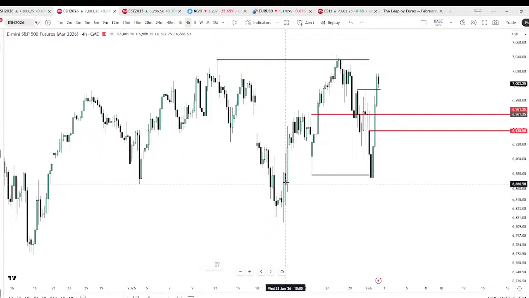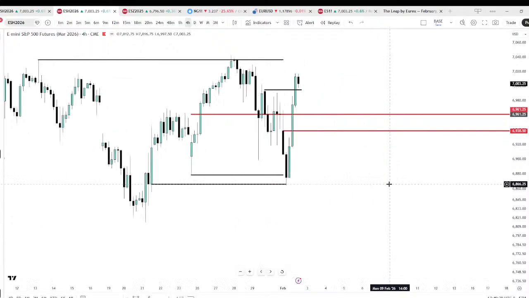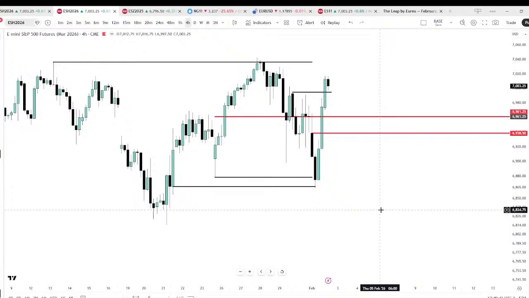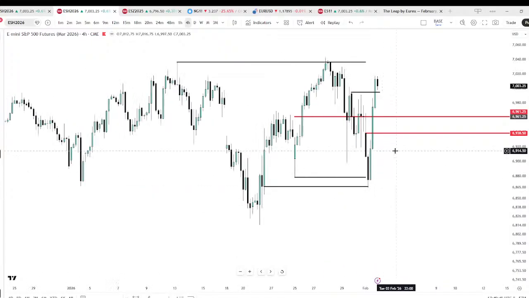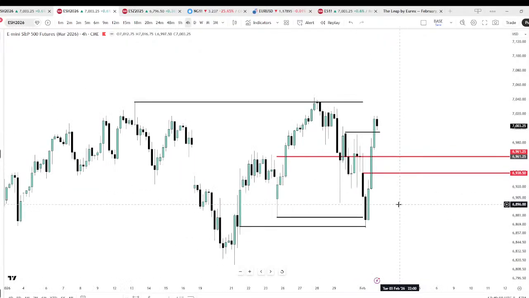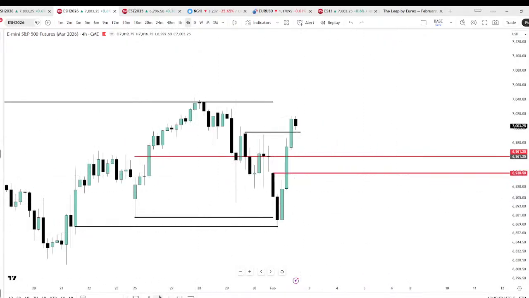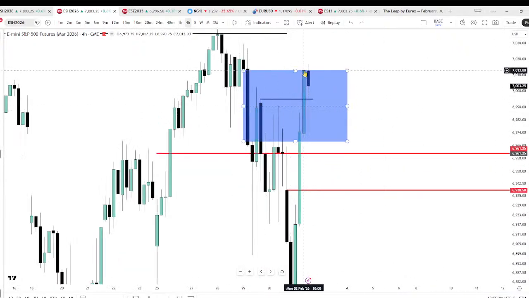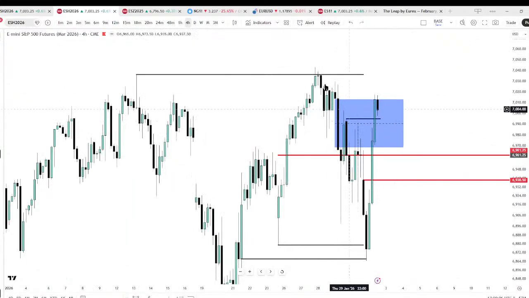Just from experience, I've seen that this phenomenon occurs a lot. Overnight we had a large run up on a 4-hour. This is an imbalance that we tapped into the high of and immediately reverted back into the range.